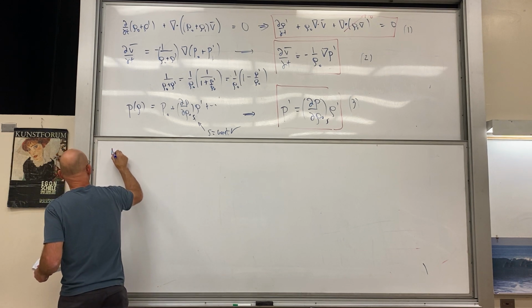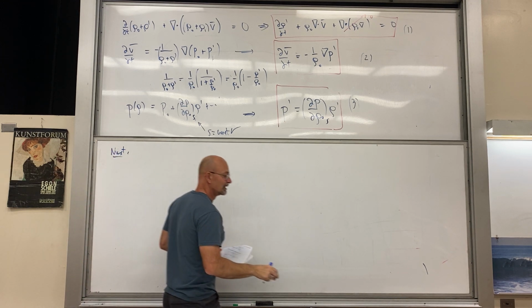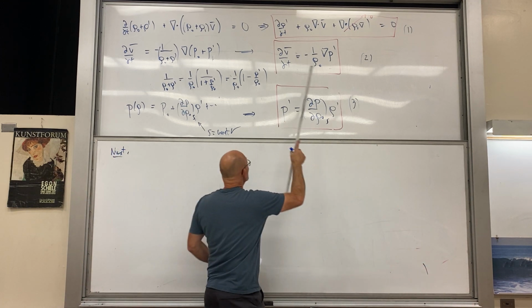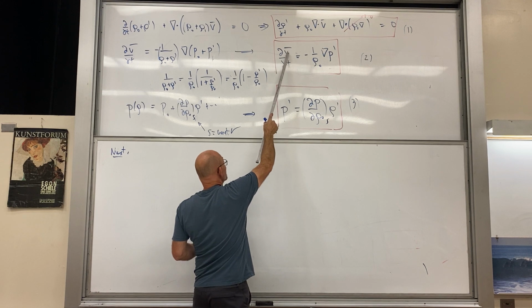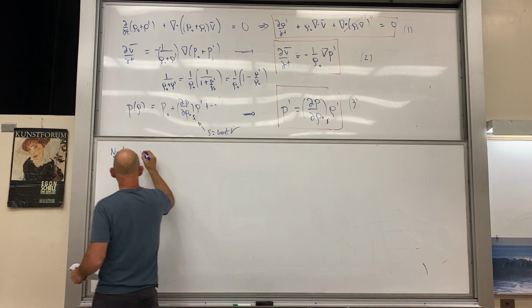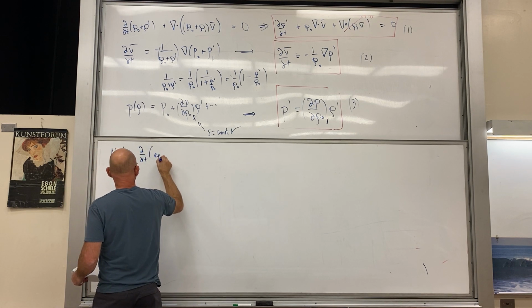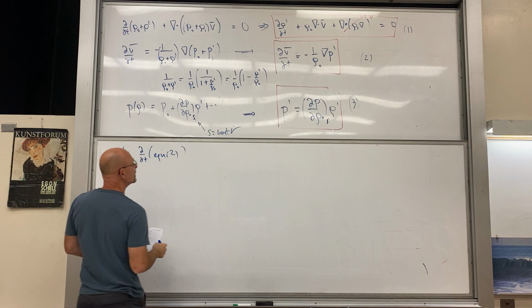Next, we're going to differentiate equation 2 with respect to time, because of course we'll have the d squared v dt squared. See what happens. So d dt of equation 2. What do we get?